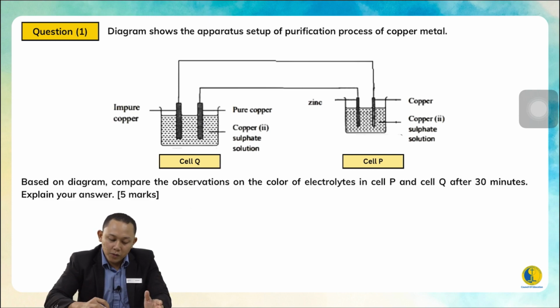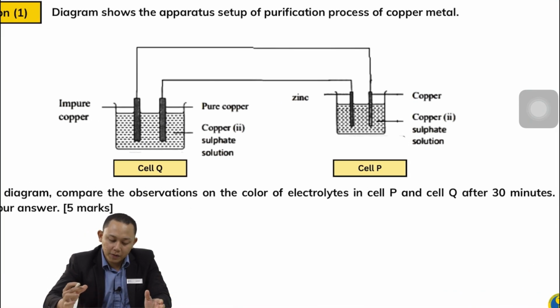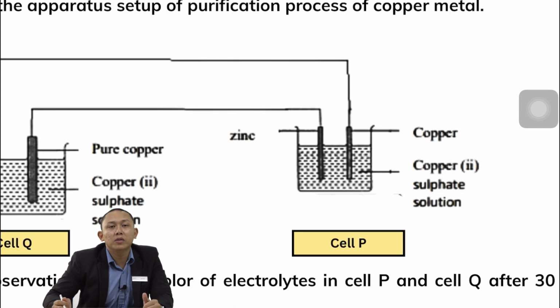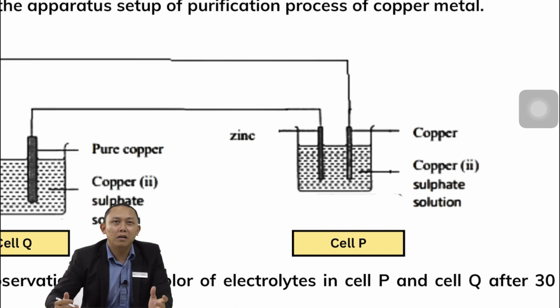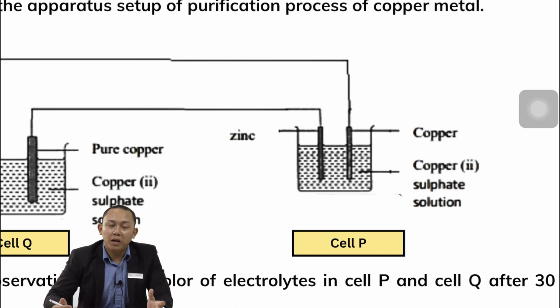All right. Now look at this side. Zinc and copper. How do I know which one is the cathode and which one is the anode?